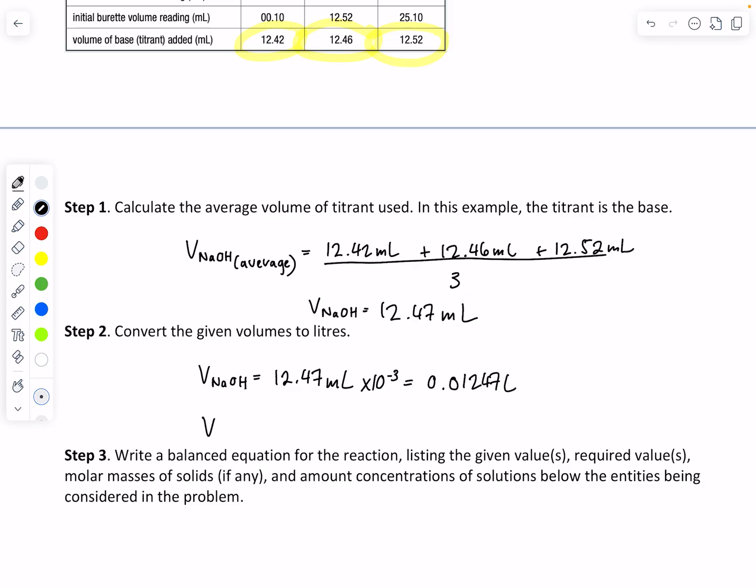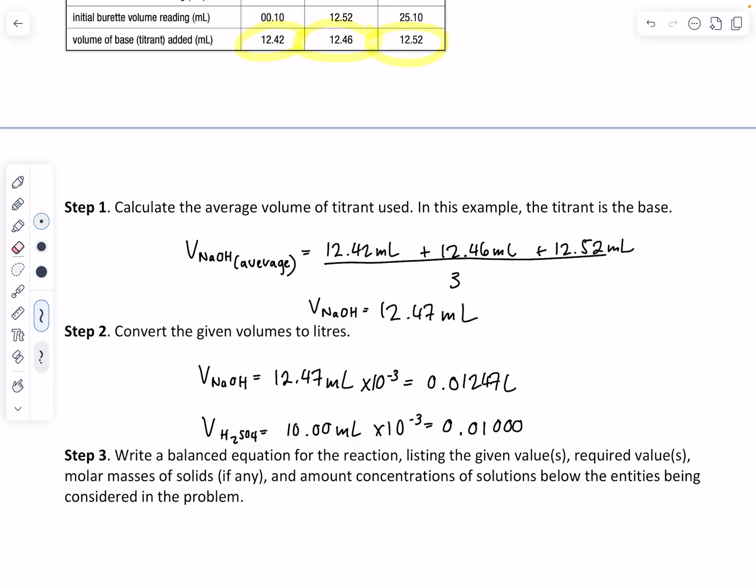The amount of H2SO4 in each of the samples was 10 milliliters, or 0.01000 liters.